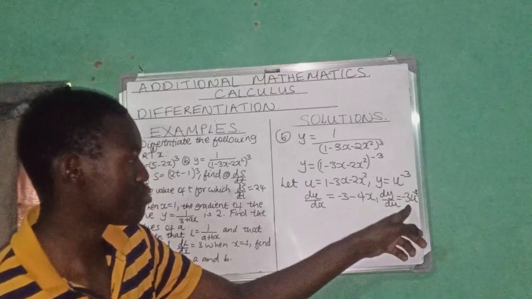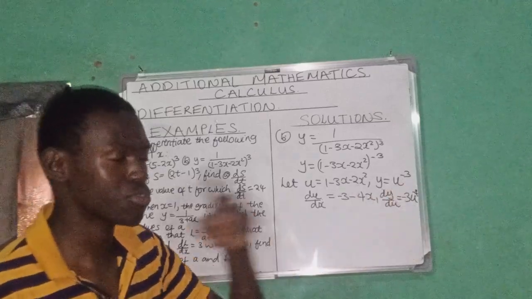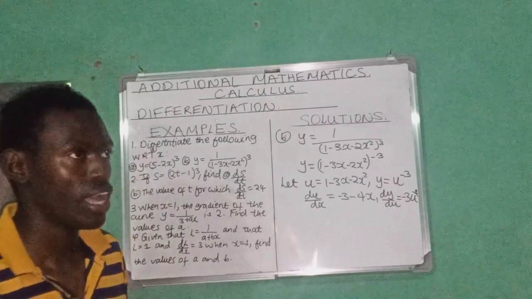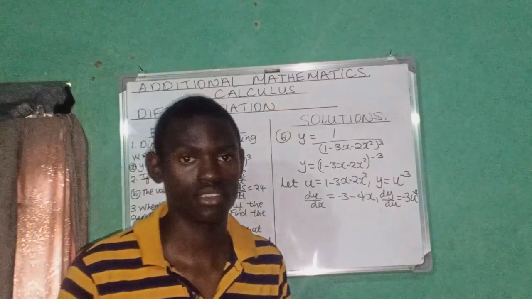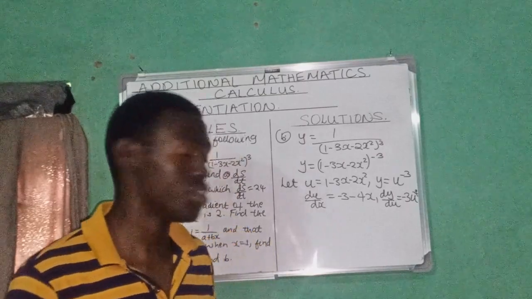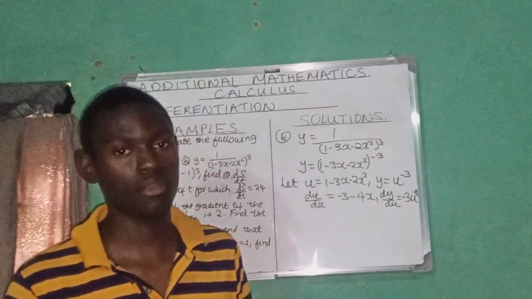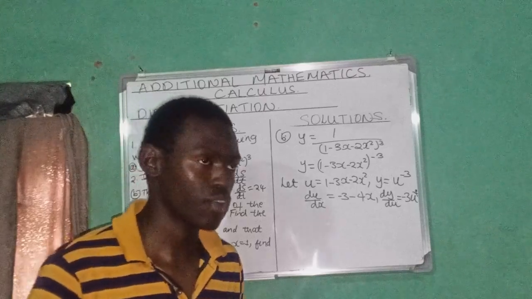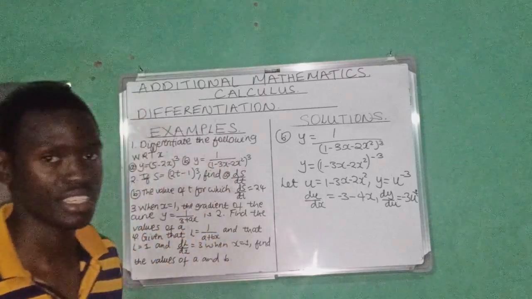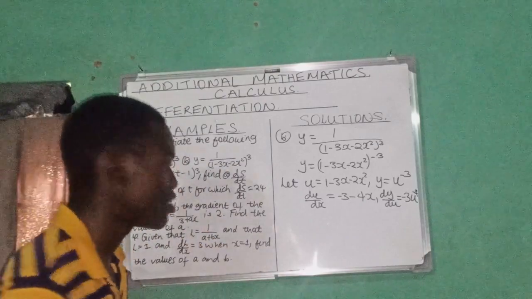So it becomes negative 3. And then negative 3 minus 1 will give you negative 4. And this is the point where a lot of students make mistakes. Negative 3 minus 1, someone may write negative 2, which is wrong. If you use the integers right there, you are going to find negative 4 if you know your integers.